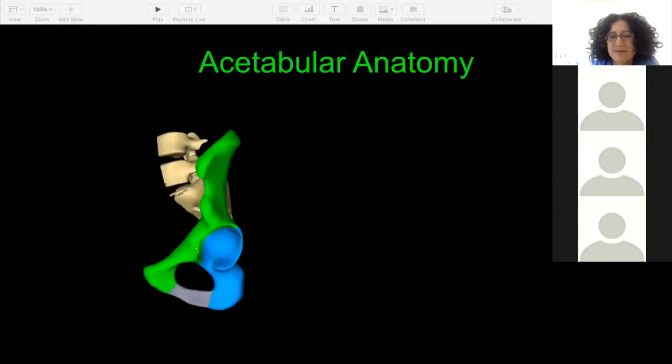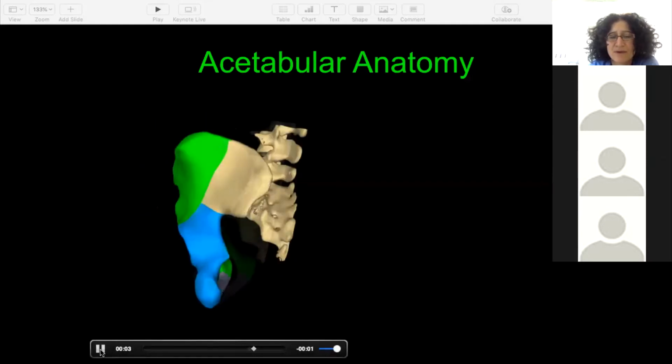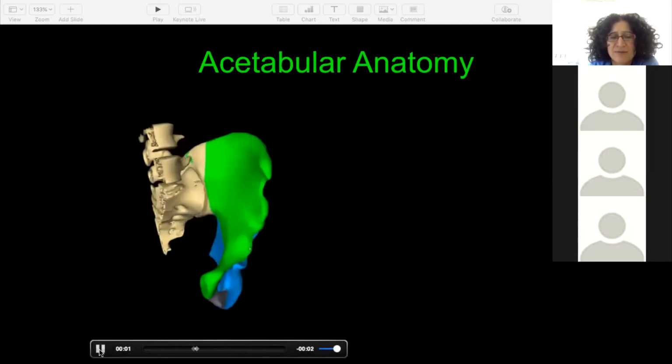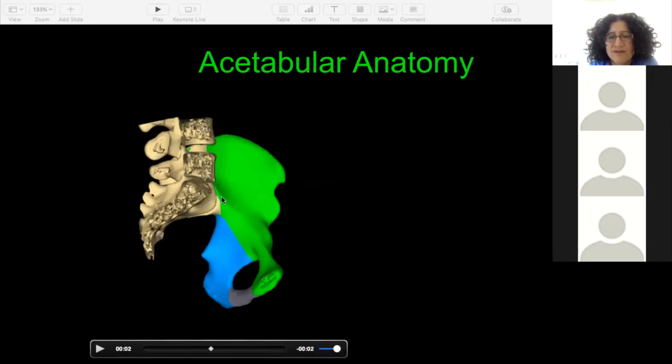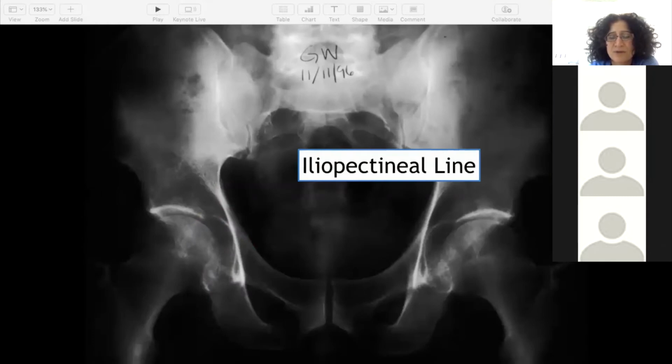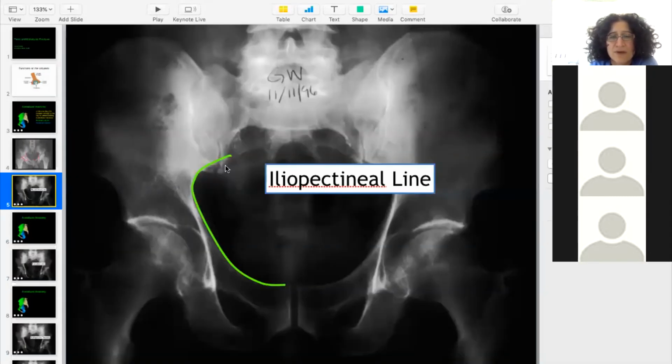Okay, so remember the iliopectineal line represents the anterior column, and it's basically this. So as we look at the plain X-ray, we see lines that are a condensation of dense cortical bone. If you take a pelvis stripped of its muscles and look at it from the front, you won't see this line here.